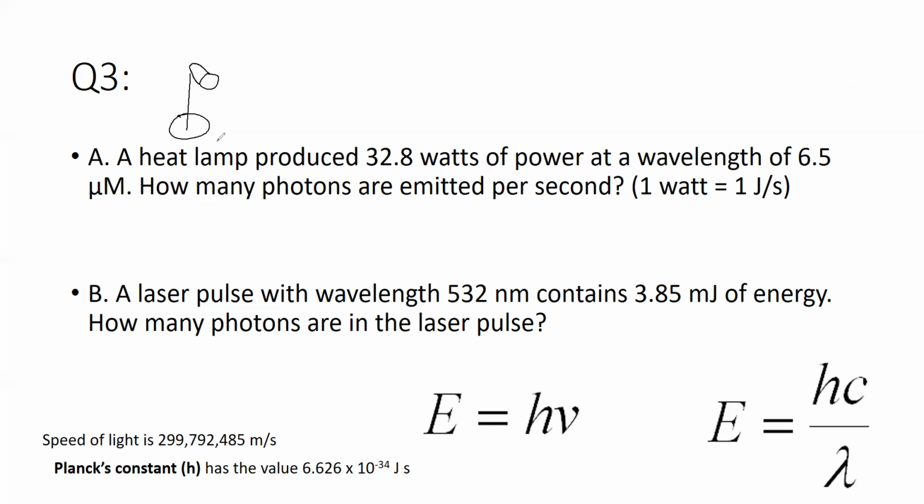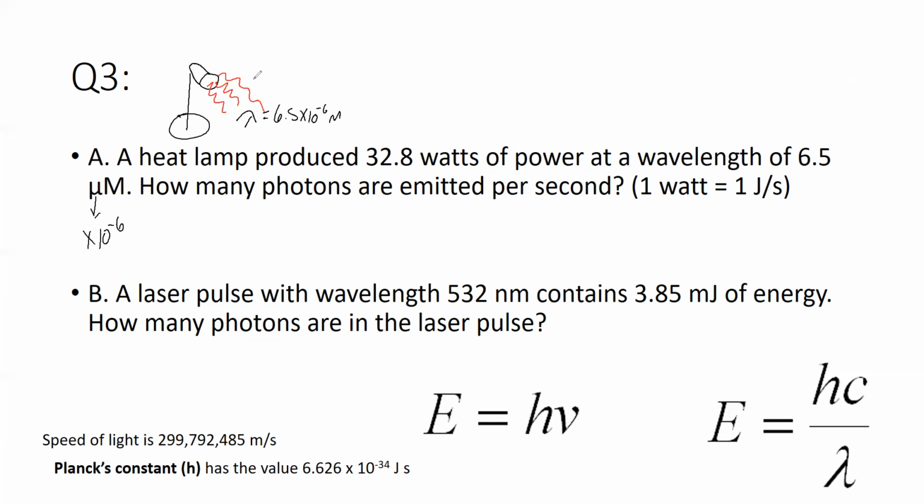So there's our heat lamp, and we have little heat waves coming off of it. Okay, so the wavelength of this is 6.5 times 10 to the minus 6 meters, because a micro is times 10 to the minus 6. So that's our wavelength.